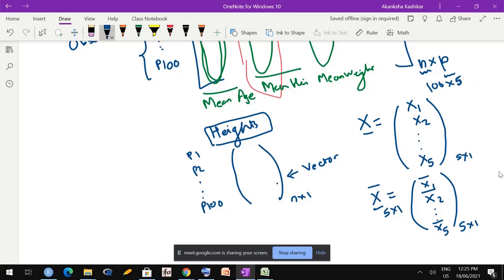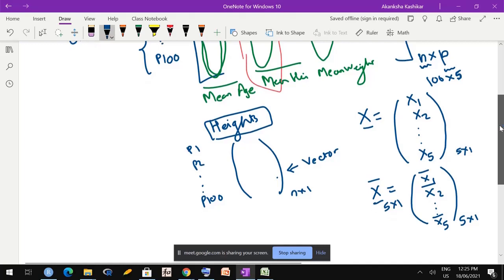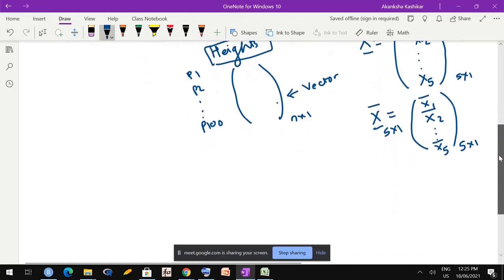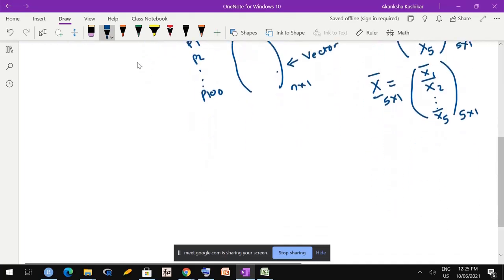Okay so far? Everyone with me? Okay. So this is about sample mean. So I have a sample which I have represented in the form of an n cross p matrix, and I got p cross 1 vector as a mean vector. Okay, this is a sample mean.